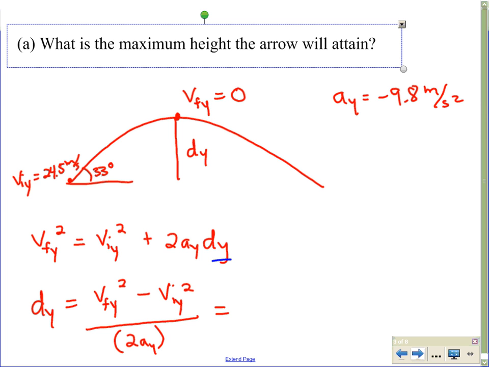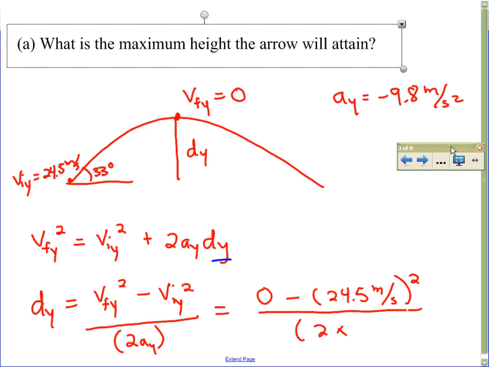Vfy is 0. Viy is 24.5 meters per second. Remember, we need to square that. Divided by 2 times negative 9.8 meters per second squared.